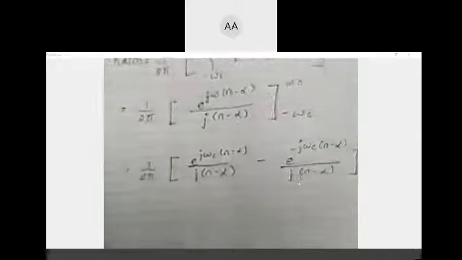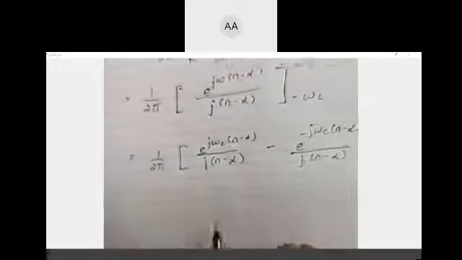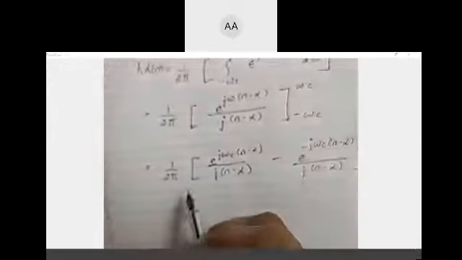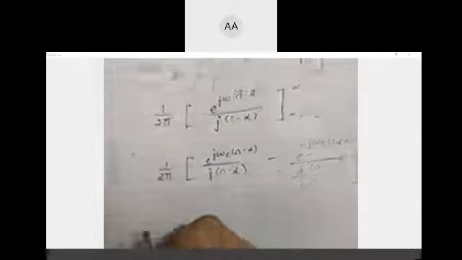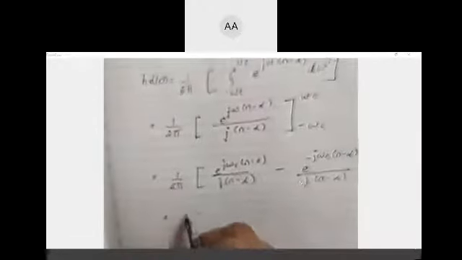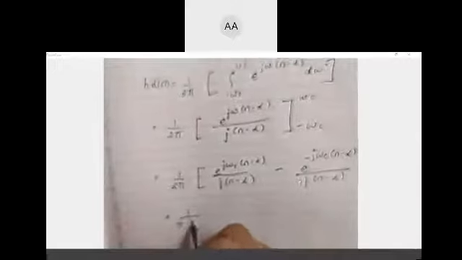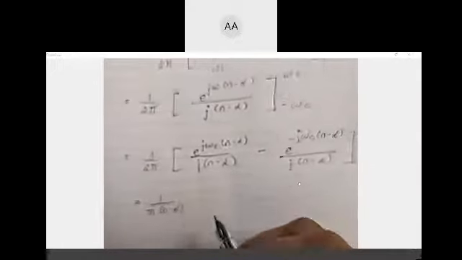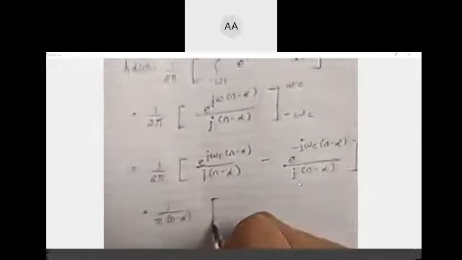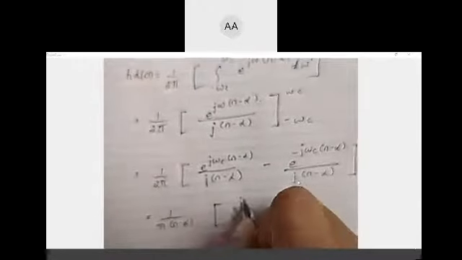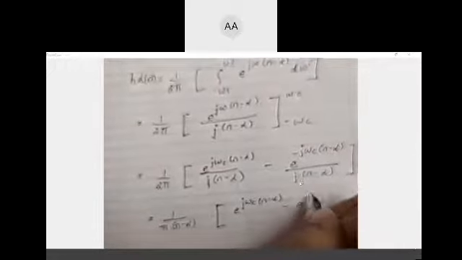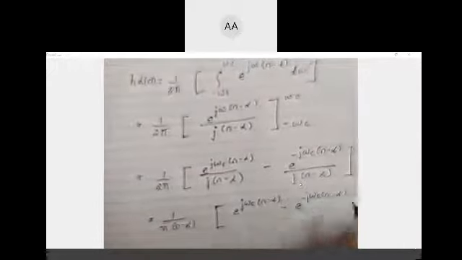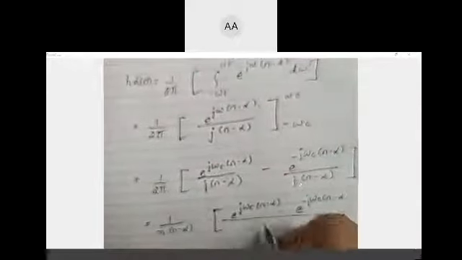I've always told you to try to express this in terms of sine and cos. So I'll send the j inside, take n minus alpha out, and do a little rearrangement. This will be 1 by pi into (n minus alpha), and e power j omega c (n minus alpha) minus e power minus j omega c (n minus alpha) divided by 2j.